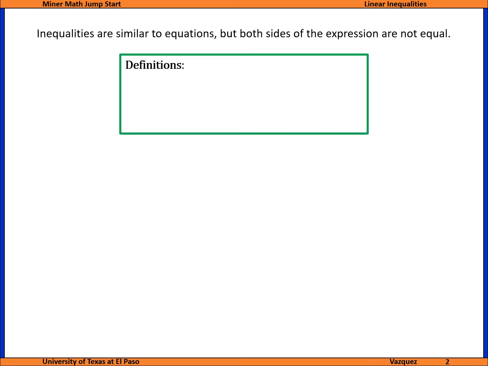So in this case, a few definitions, mostly what the symbols mean. We're going to look at the symbols. x is less than 3. That's how we write that symbol there. Next one is less than or equal to. That's the same thing, just with that little line on the bottom. That's the symbol right here.